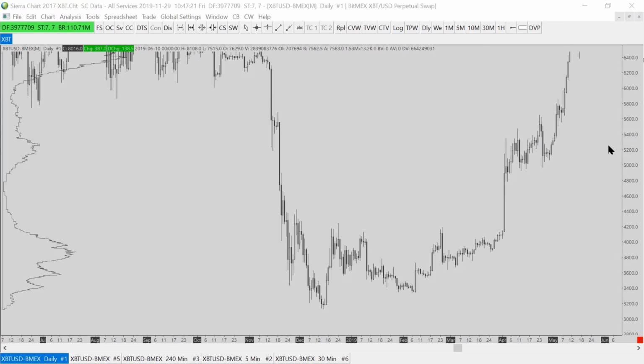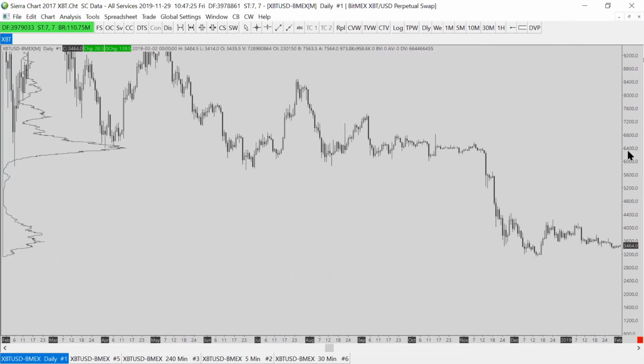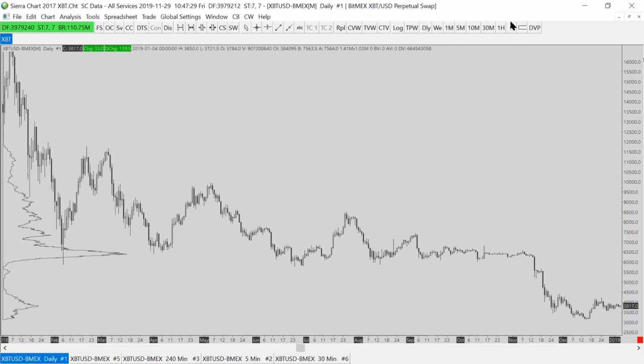So let's see. If I just mark out the high volume nodes here, again, it doesn't take long to find these and just mark them out. We'll leave it at that. And we'll just look at how price interacted with the high volume nodes as it ran up this year.